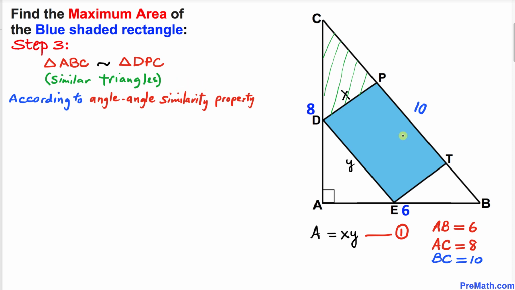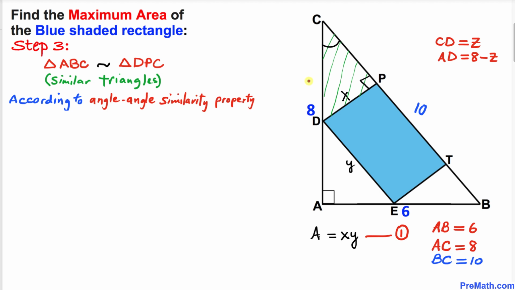Now we conclude that this big triangle ABC and this smaller triangle DPC are similar triangles according to the angle similarity property, because this angle is 90 degrees and this angle is 90 degrees as well, and they share this same angle C. And now before we proceed any further, let me go ahead and call this side CD as length Z. And we know that this whole length AC is 8 units.